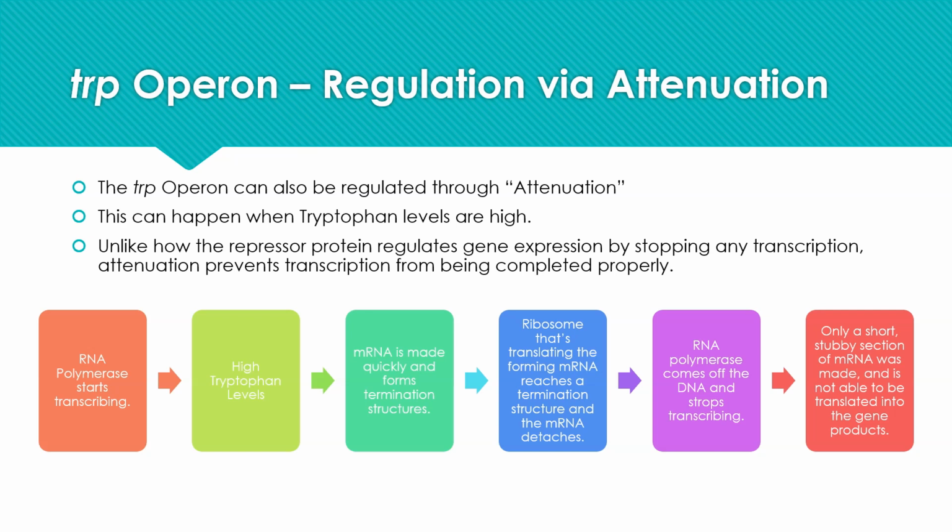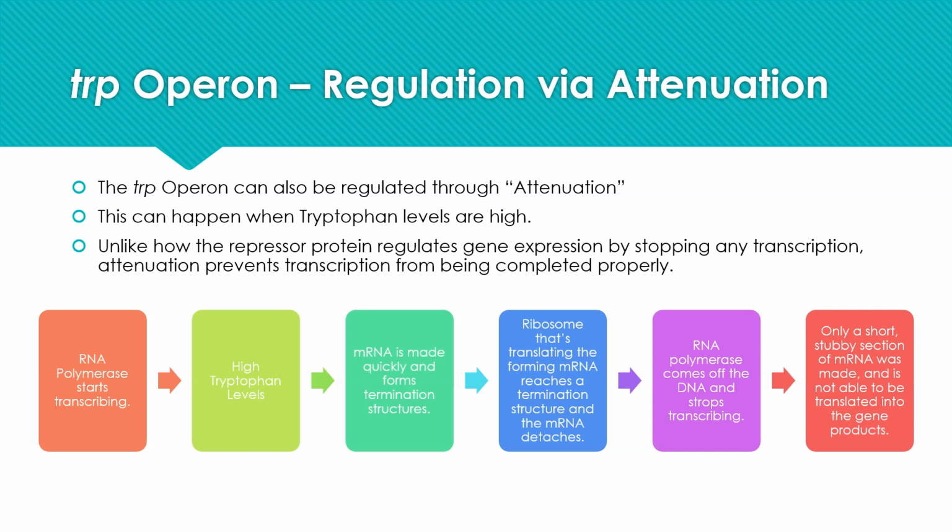And you can see a summary here that the RNA polymerase starts transcribing, but you have high tryptophan levels, and those high tryptophan levels mean that the mRNA gets made quite quickly, and forms these termination structures. The ribosome that's translating reaches a termination structure, and that causes the mRNA to detach, where, if you actually want to make the protein products, you don't want that happening.